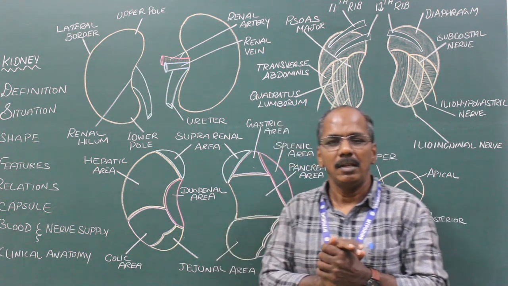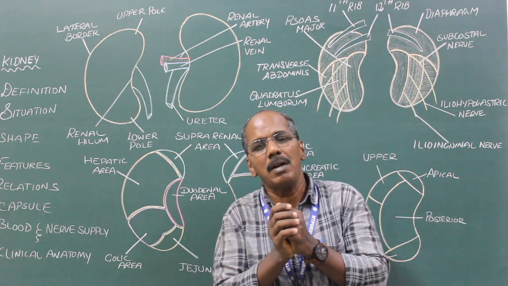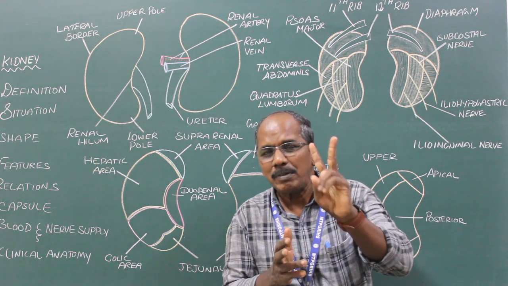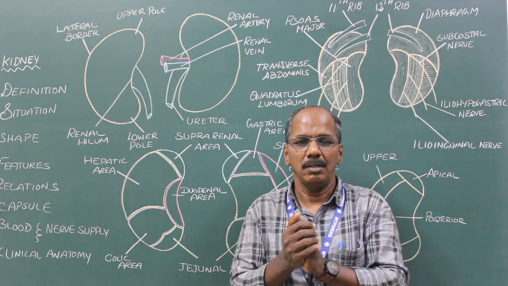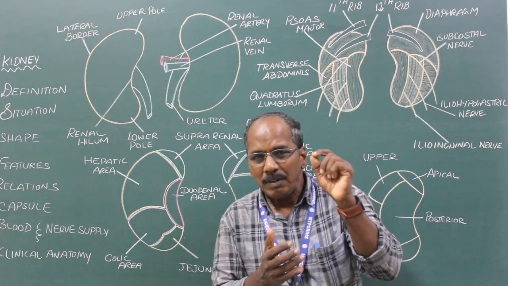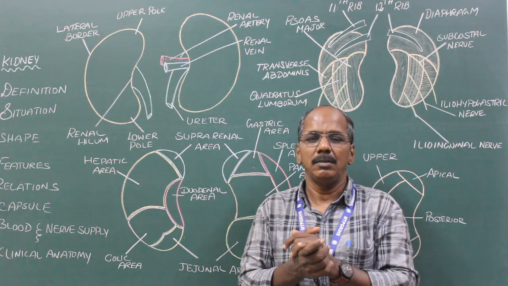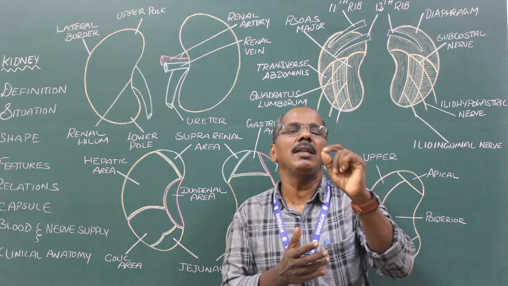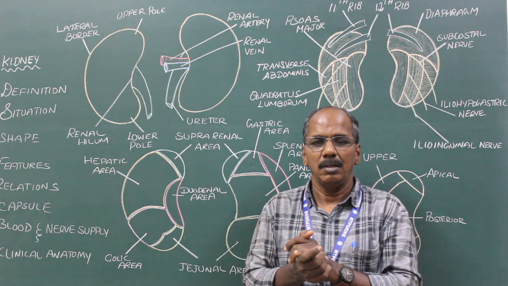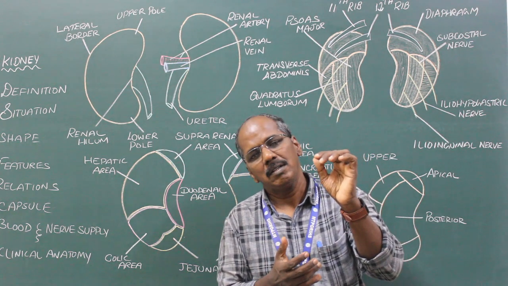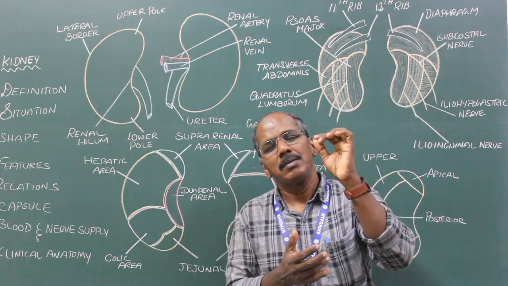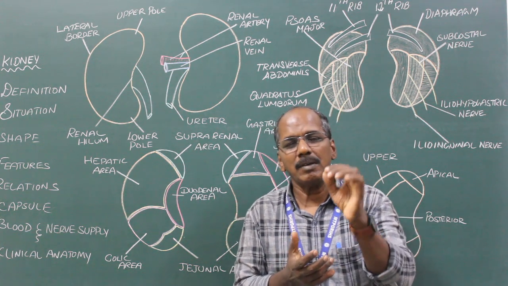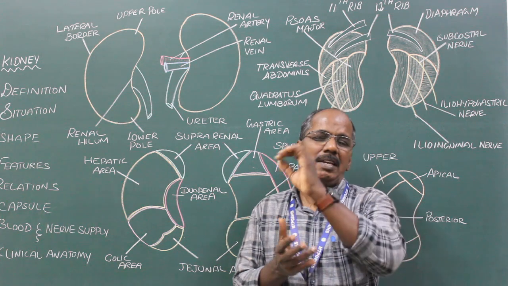Capsule. The kidney is surrounded by a capsule. It consists of 2 layers. An inner fibrous connective tissue known as true capsule or renal capsule, and an outer fibrous membrane known as false capsule or renal fascia.